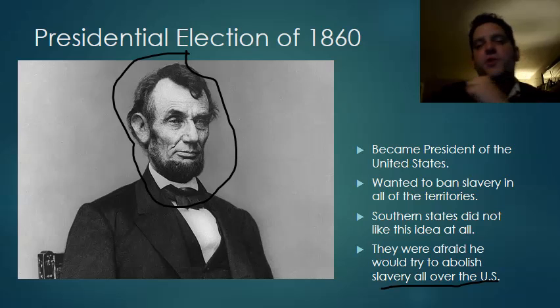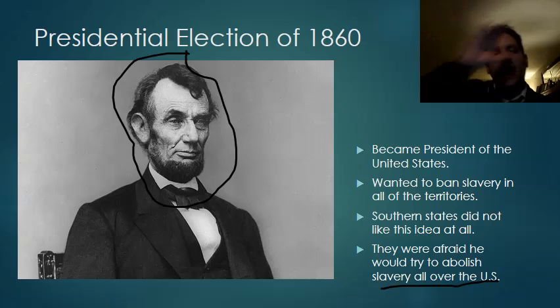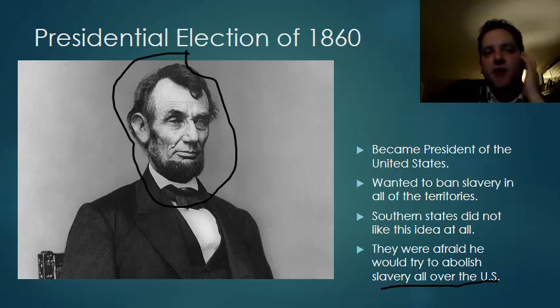So what they do is they see a country that was equal parts. The South had a lot of states that had slavery, and the North had a lot of states that didn't have slavery. But over time, because of the compromises, a lot of the states and territories became free.